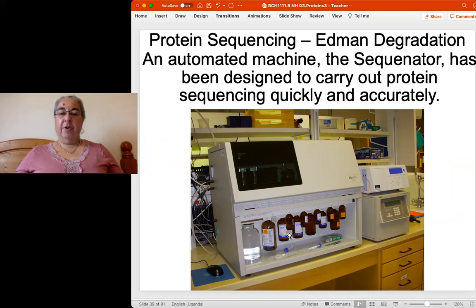You can see here that there are a lot of chemical reagents and there are a number of pumps and a mechanism in this machine which allows the right reagents to be added time after time, and then the released labeled amino acid to be identified each time, and a printout of results will be produced. So this automatic machine is called a sequenator, and it can carry out protein sequencing quite accurately and relatively quickly.